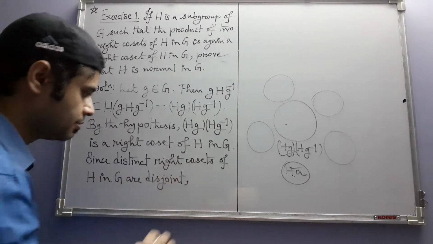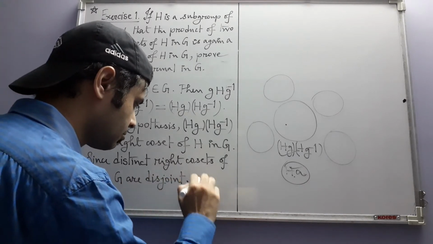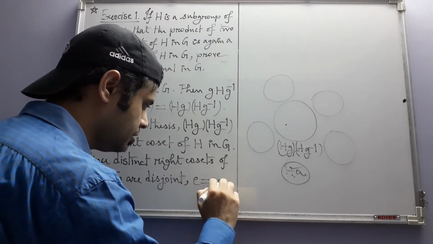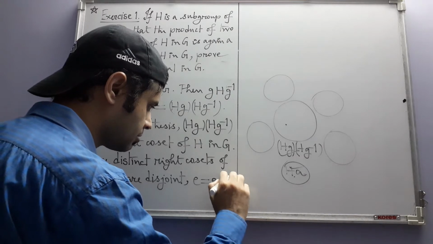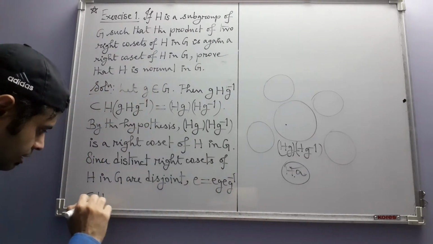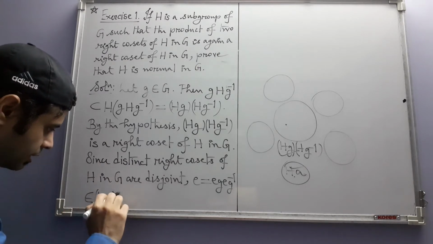This is one thing. The element e, which can be written like this, e g inverse, belongs to Hg inverse.